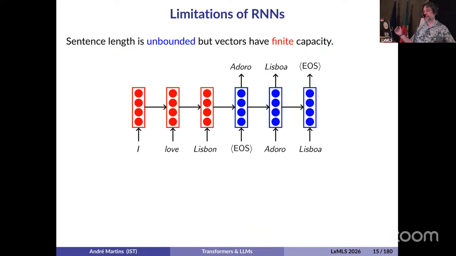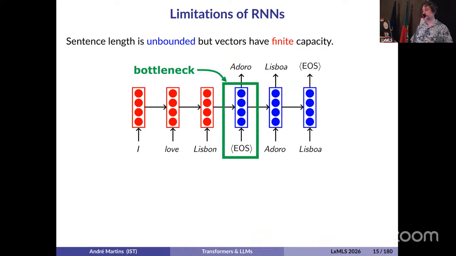But if you have a longer sentence, we are going to start to have a problem, which is the vector that is used to condition the decoder RNN is just a single vector, right? And this vector is going to become a bottleneck, because everything that is to be retained about the source sentence needs to be in this vector. Okay, so when we start generating the translation, we are not attending to anything in the source sentence anymore.